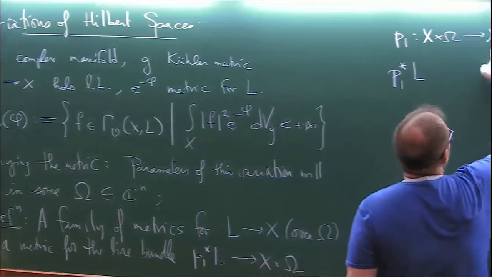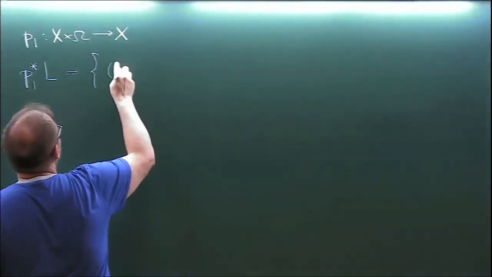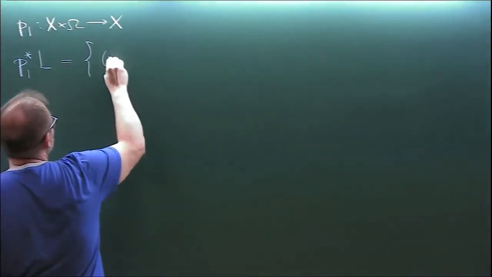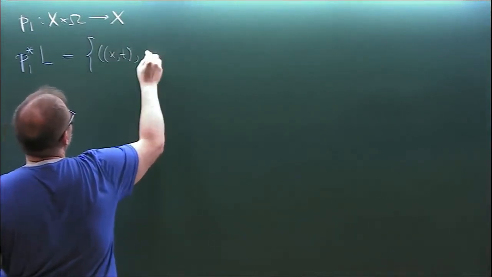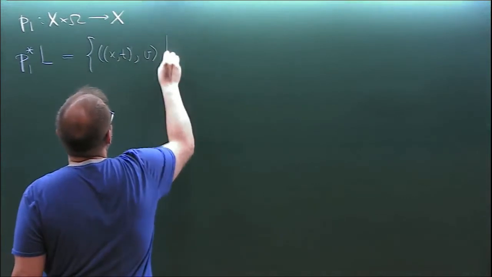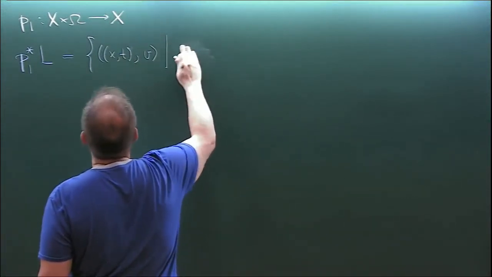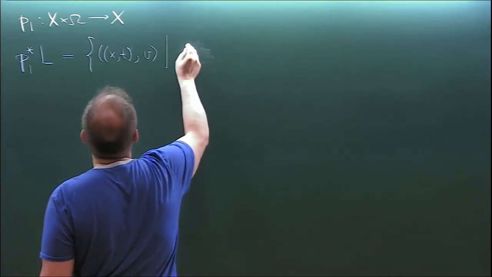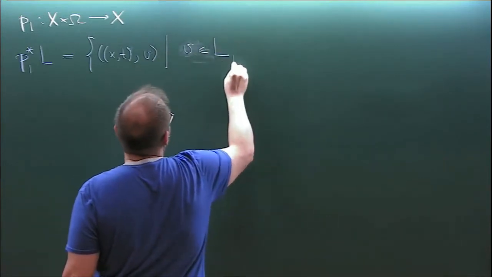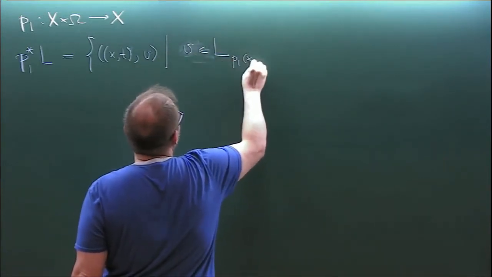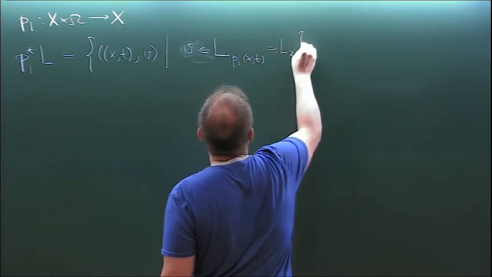You have L over X. The pullback of L is the set of all points of this new space, (x, t), comma, a vector v, such that v is in the fiber over p1 of (x, t), which is just L_x.